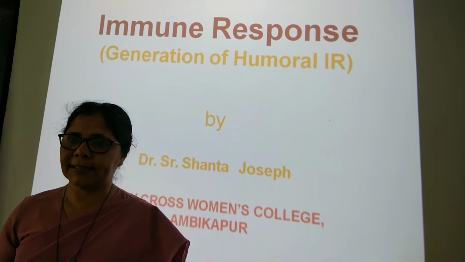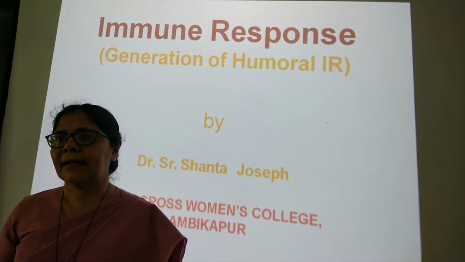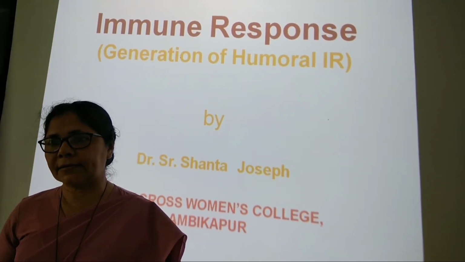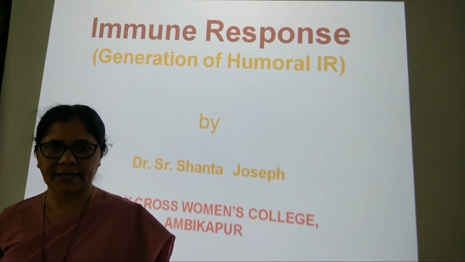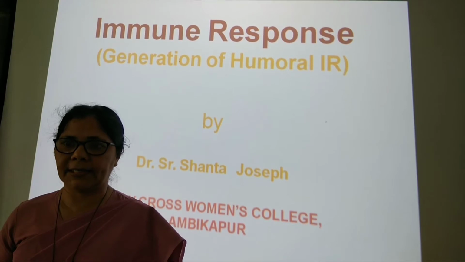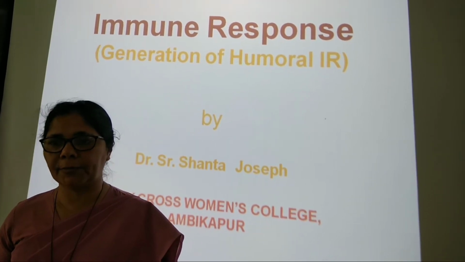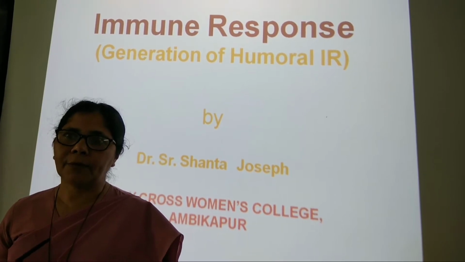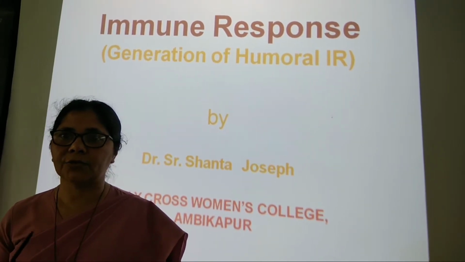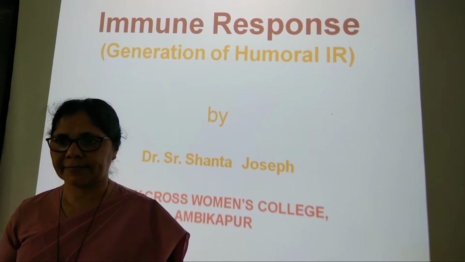We have already seen that when an antigen, a pathogen, a bacteria, a virus, a fungi, any foreign particle, even a foreign protein, enters the body, the body reacts to it in a specific manner.